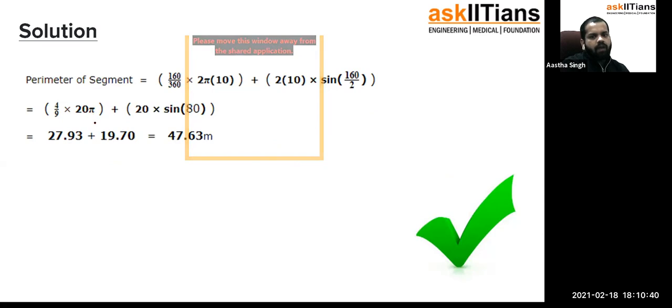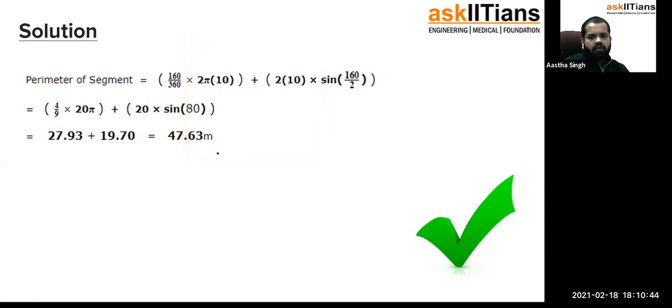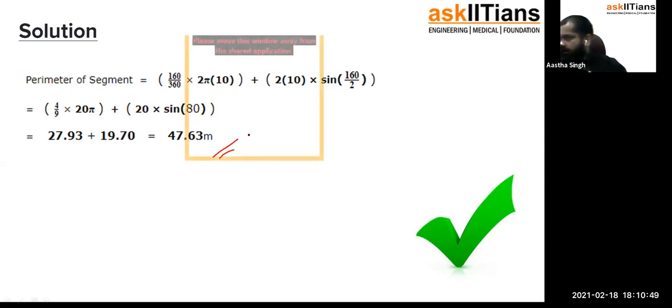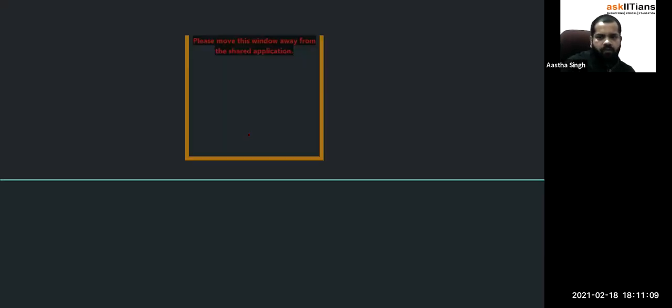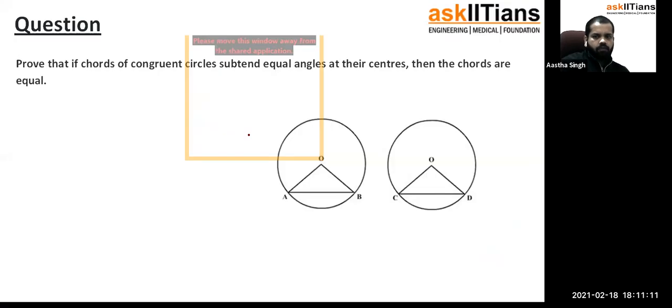Just put the value of pi. In the question, they will definitely give you the value of sin 80. You do not need to calculate the value of sin 80. So in this way, just read out the solution. In this way, your solution will be there. The value of sin 80 will be known to you.